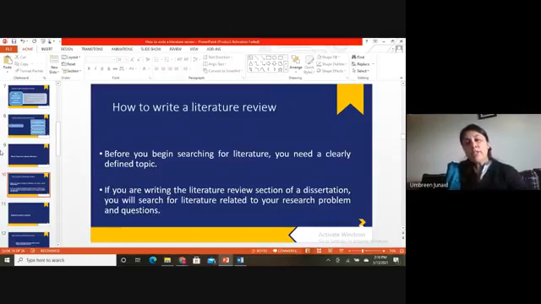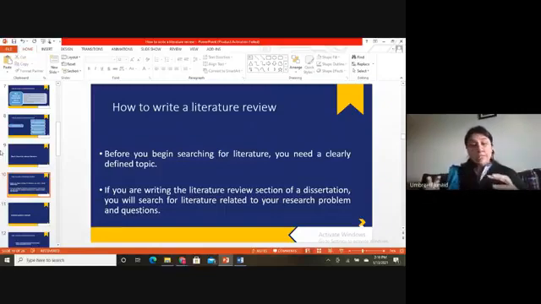If you are writing the literature review section of a dissertation, you will search for literature related to your research problem and questions. Now, when I say that I am writing a research report, a dissertation, that means I have a problem statement. This problem statement doesn't have one single issue to be discussed.